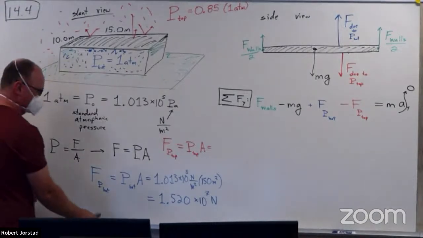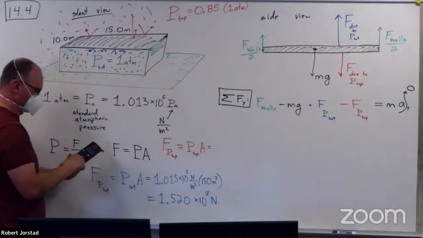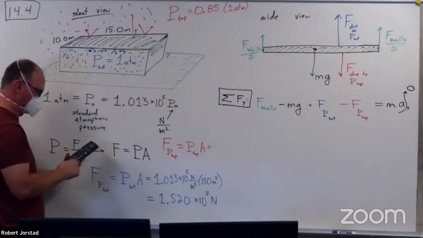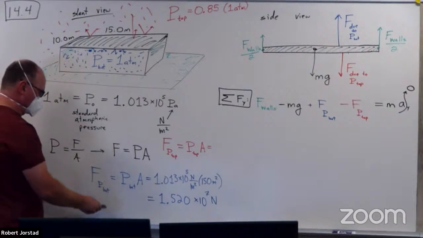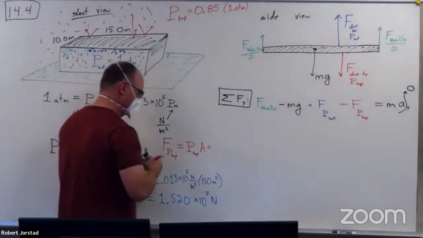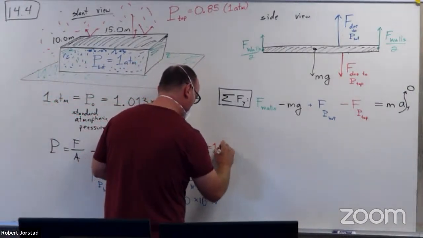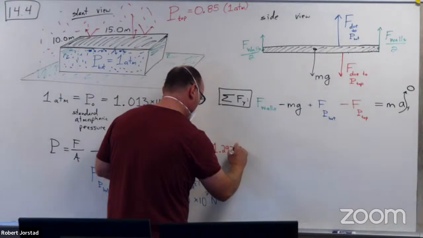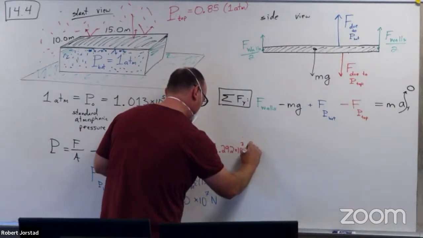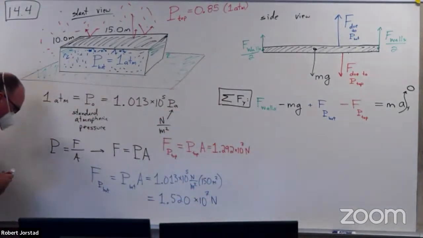So I'm just going to slap a times 0.85 on there. So times 0.85. 1.292. Choosing my thick face and rounding. I think that's about right. Everybody okay with that?